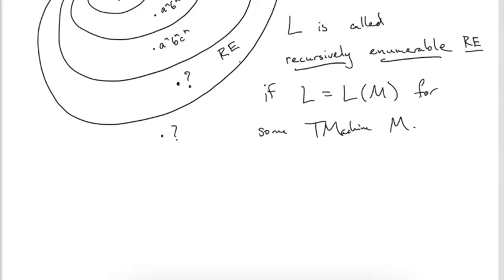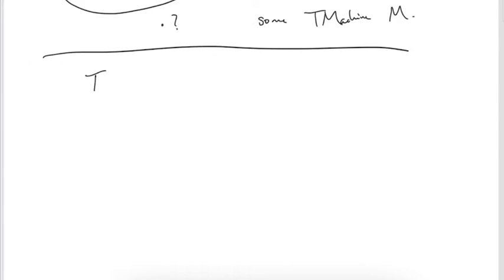The reason for these two separate categories, and I haven't given a name yet to the inner one, is that there is a bit of a subtlety about Turing machines. Turing machines have special categories of non-accepted strings.